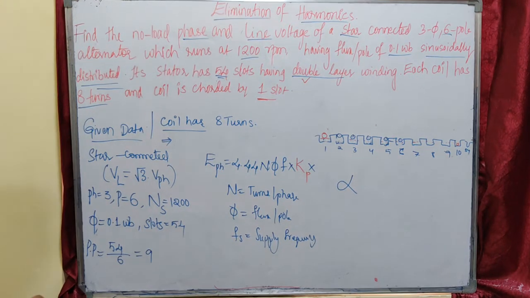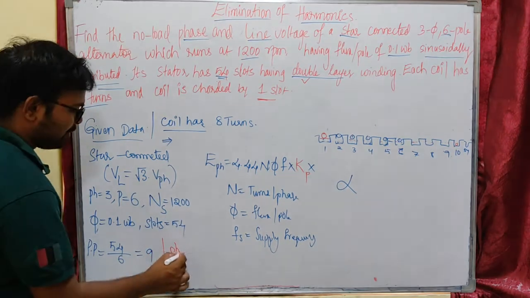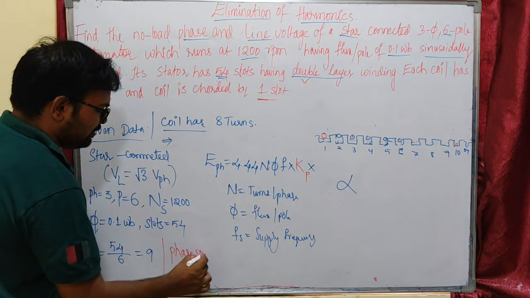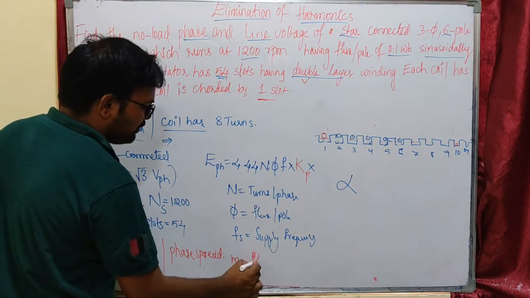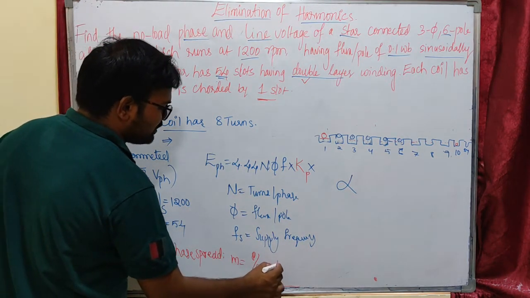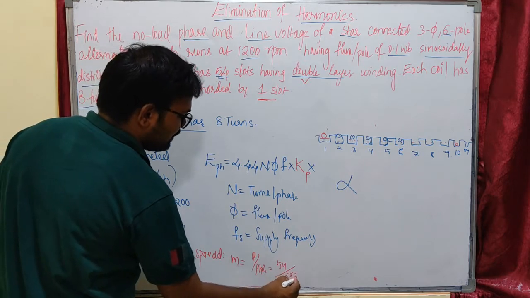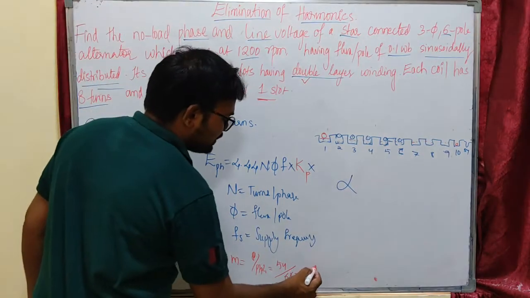If we calculate the phase spread, we can find out whether our winding is distributed or concentrated. Phase spread is m, equal to the number of slots per pole per phase. The slots are 54 here, poles are 6, phases are 3, so that equals 3 here.